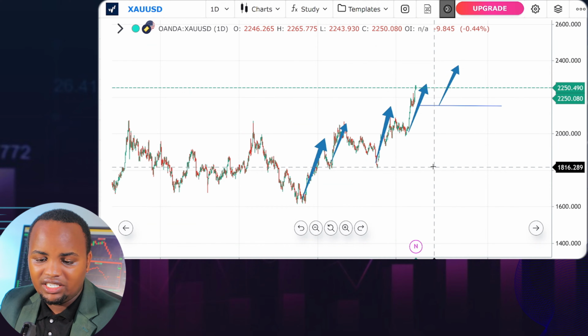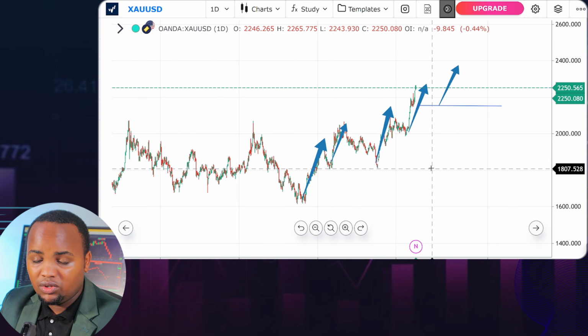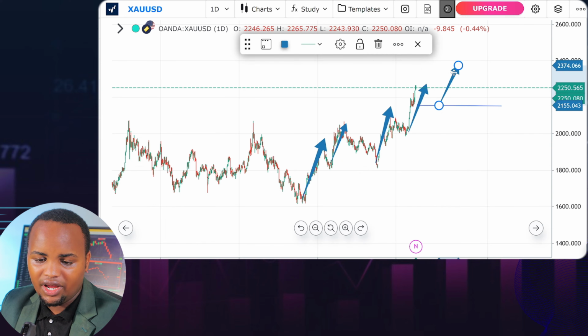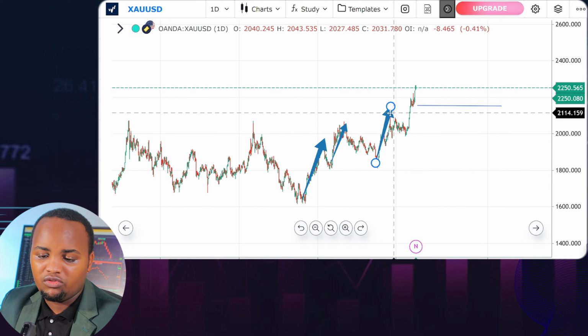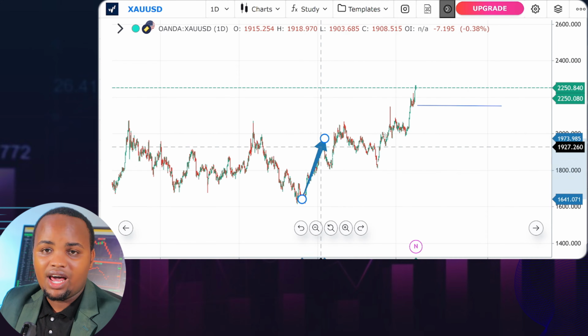So at the moment gold is trading at 2250, it means we can see prices lowering all the way down to 2150 before we get to another move. So the daily time frame can help you in that scenario.